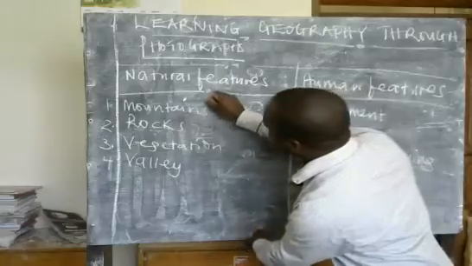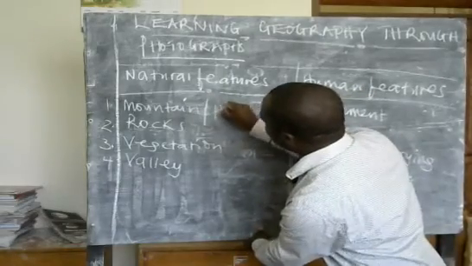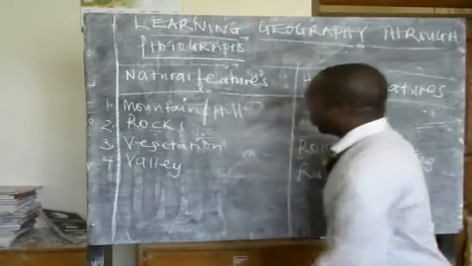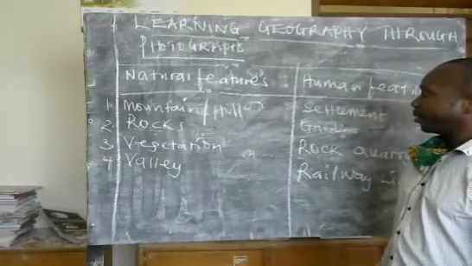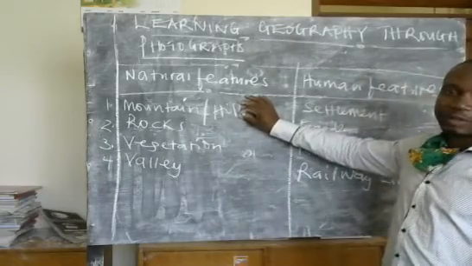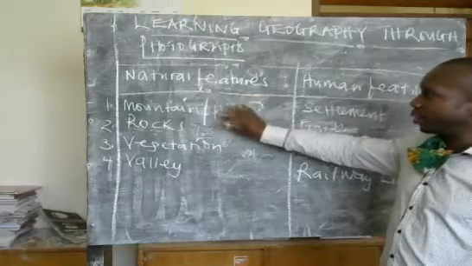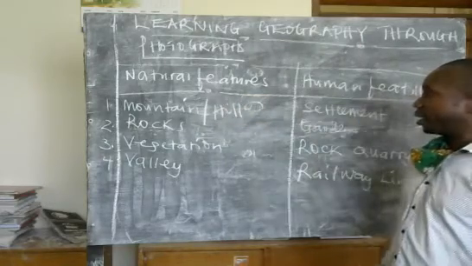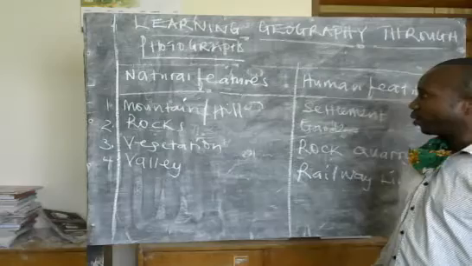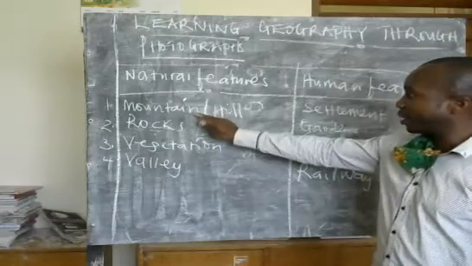Maybe some of you have put a hill. You are near the answer, but a hill is a little smaller. This was a highland that we are calling a mountain. So either a mountain or a highland.